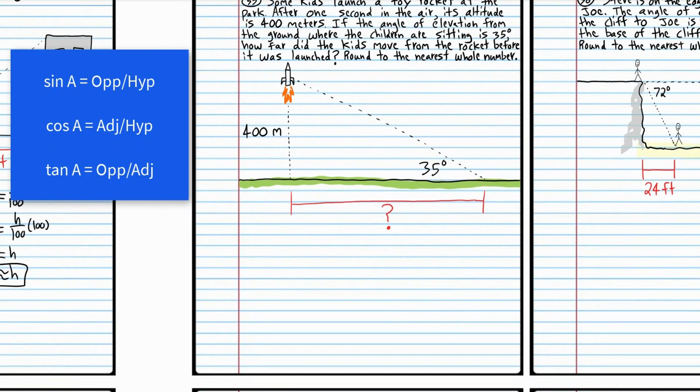All right, we're back. So I'm going to draw the triangle. We know this side is 400, and that's x, that's what we're looking for there. So now I'm going to use tangent 35 degrees is equal to opposite over adjacent.